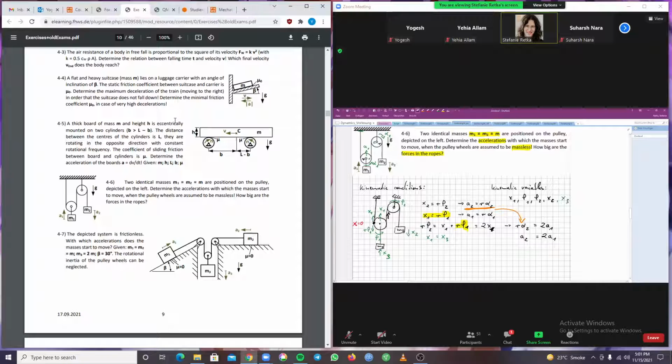And now we have expressed the acceleration A2 in terms of the acceleration A1, like the problems we did at the end of chapter 2, talking about kinematic conditions. And once we know that, we can start solving the kinetics, talking about forces, etc.